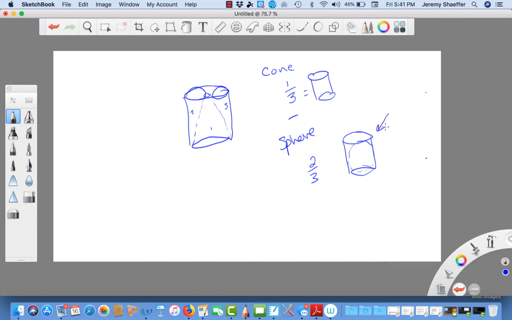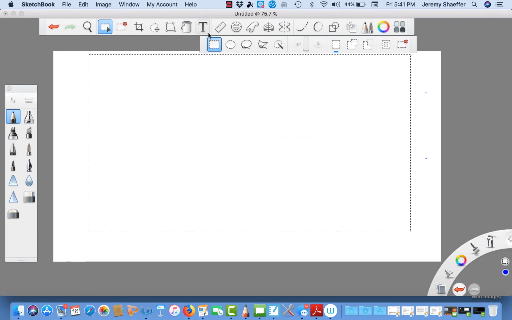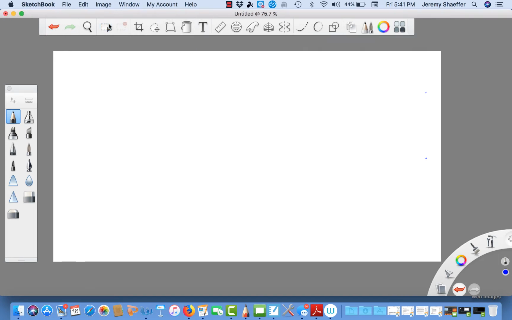And you can actually see that, okay, pretty easily by looking at those two pictures, all right? So whenever we find out the area, we're going to use 2/3 as our multiplier for the sphere and 1/3 as the multiplier for the cone, okay? Again, simple things. You've already gone over these in geometry. You've learned your shapes. You know those. We're just going to use them to apply those pretty easily, okay?